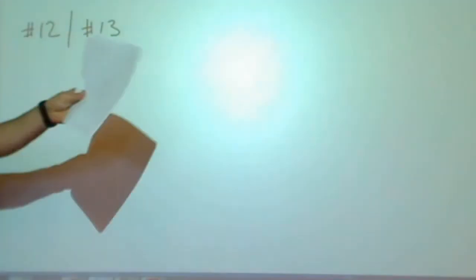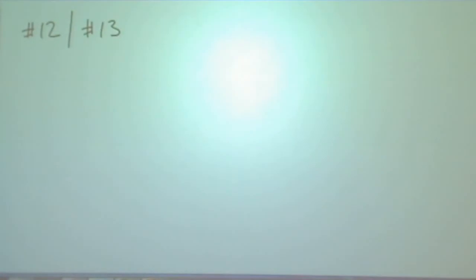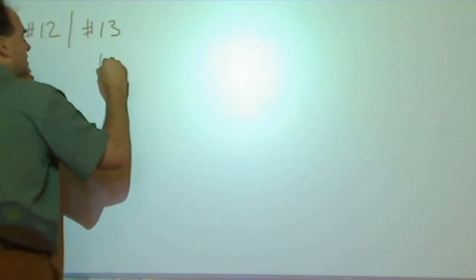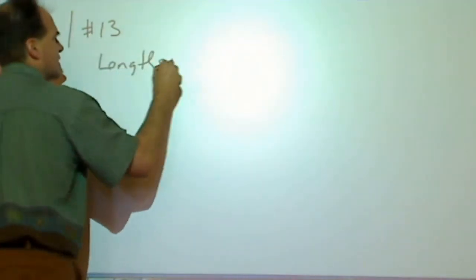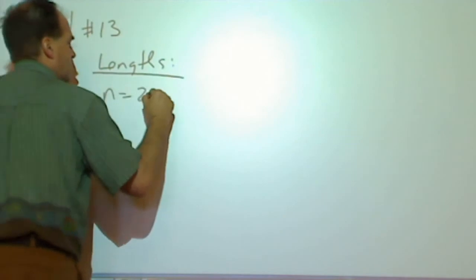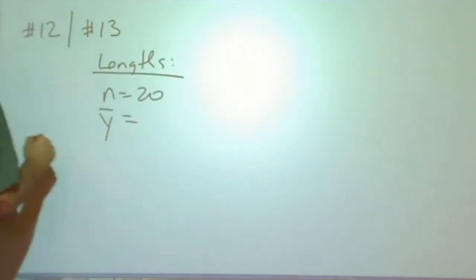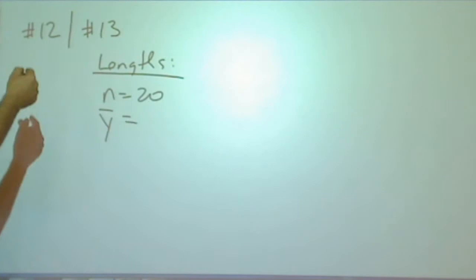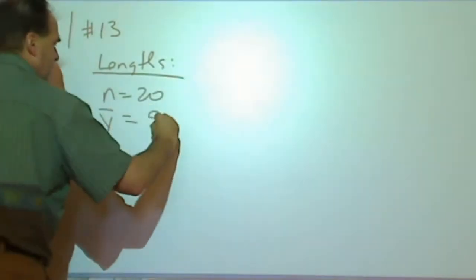So what's this quantitative data? This is about word length in a book. Someone's just counting words, how many letters in a word. They just pick 20 random words out of a book. Those are the lengths. The mean, if you added all those up and divided by 20, you got 5.5.